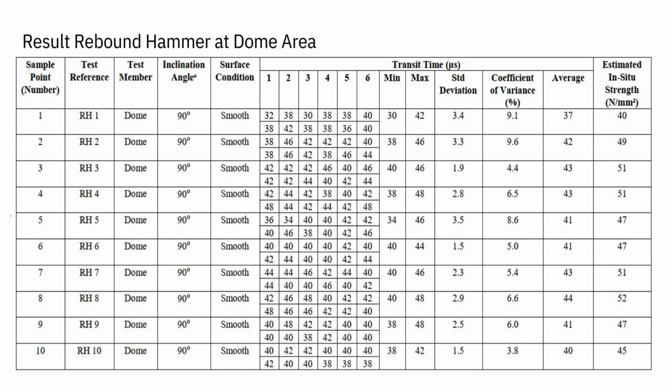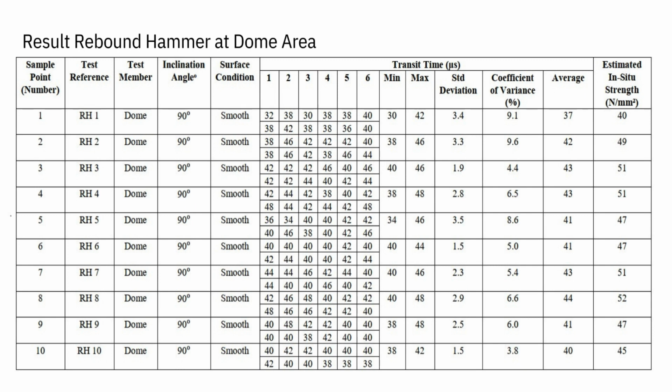The summary result for the rebound hammer at the dome area: you can see all of these in situ strengths are more than 40 Newton per millimeter square.